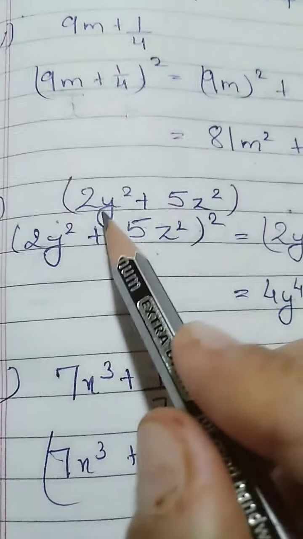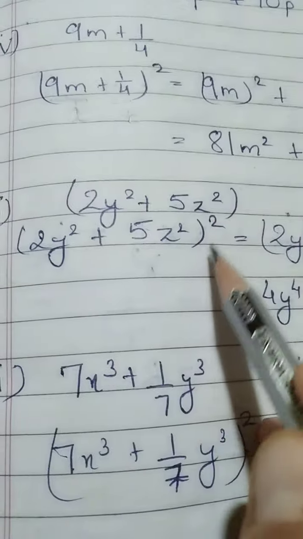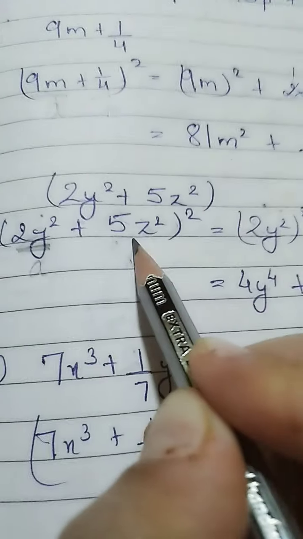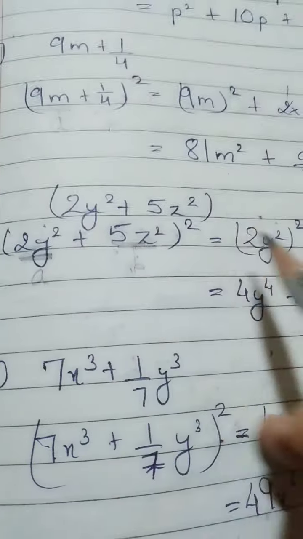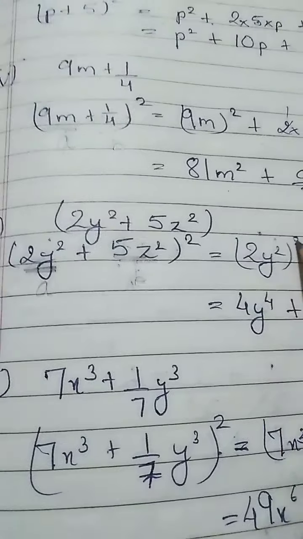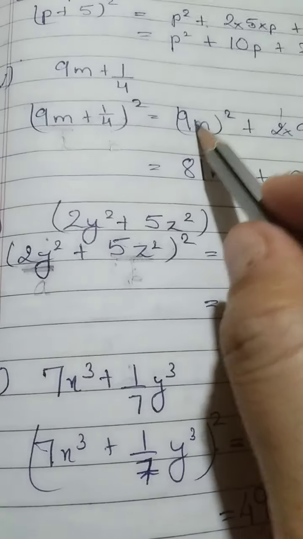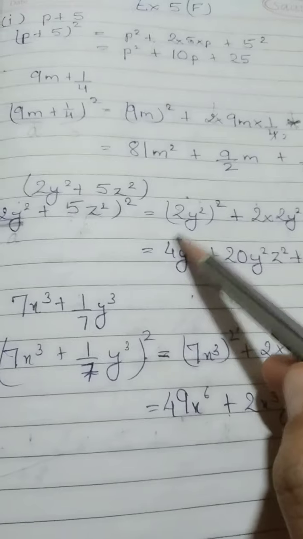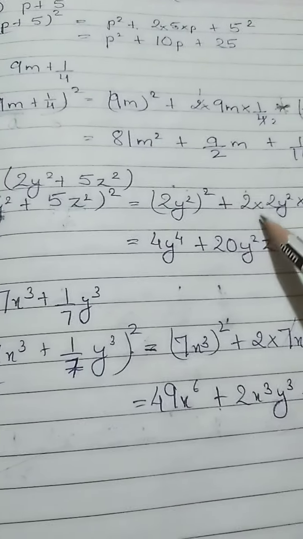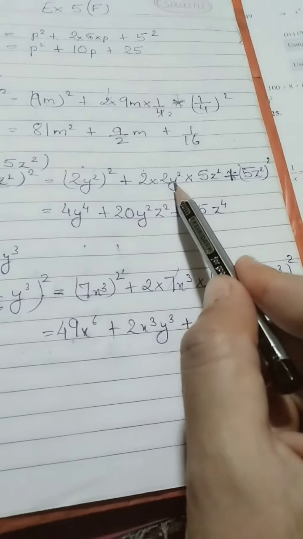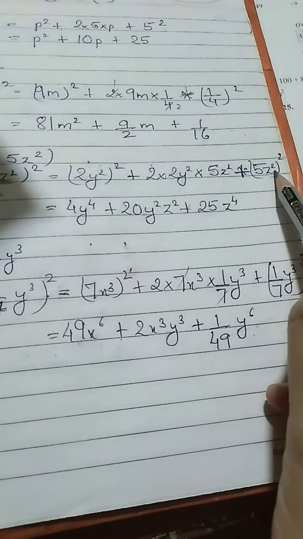Now the sixth one, (2y square + 5z square) whole square. Here in place of a you have 2y square and in place of b you have 5z square. So a square plus b square plus 2ab. Let us see. A square, when you have these types of terms, you have to put a bracket and then put the square. (2y square) whole square plus 2ab, where a is 2y square and b is 5z square, plus b square.